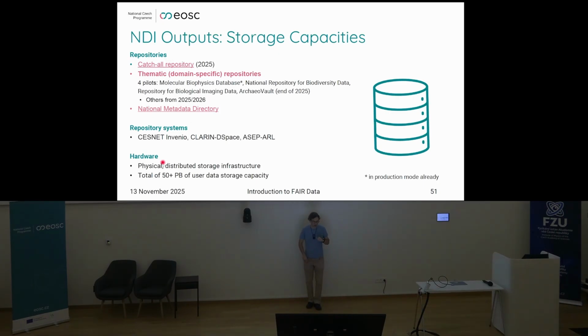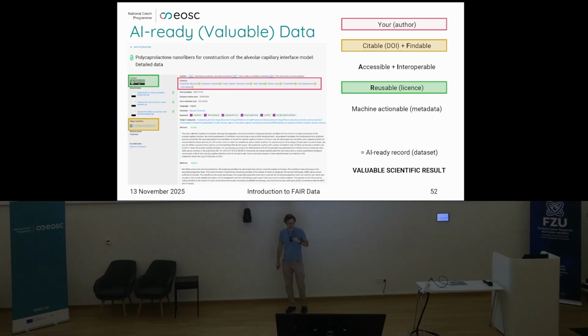At the storage and resources level, the National Repository Platform should provide something like 50 plus petabytes of usable storage capacity. We of course have more raw capacity, as there are backups and multiple copies of the data across the country, but the storage capacities should be available.